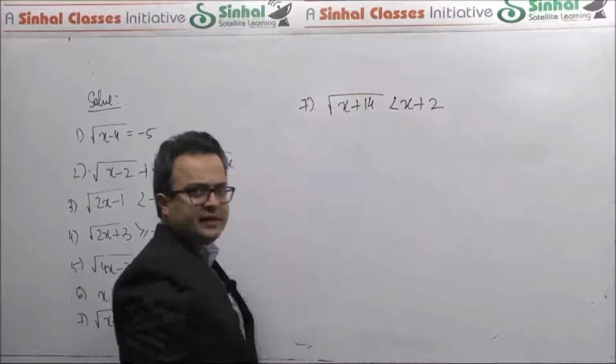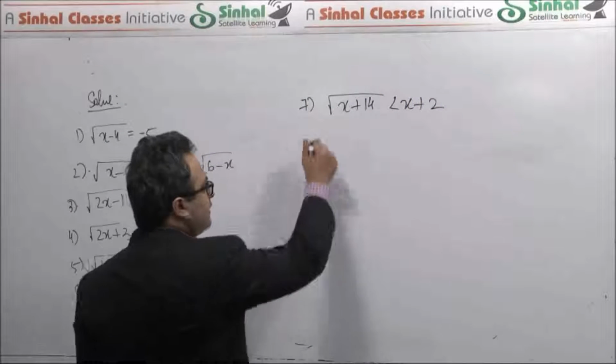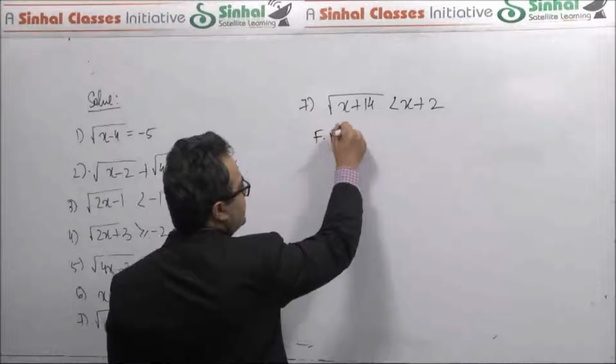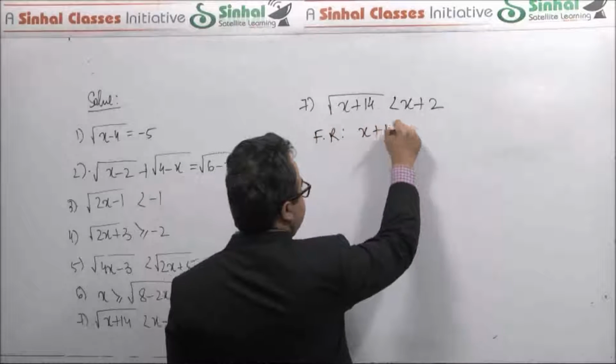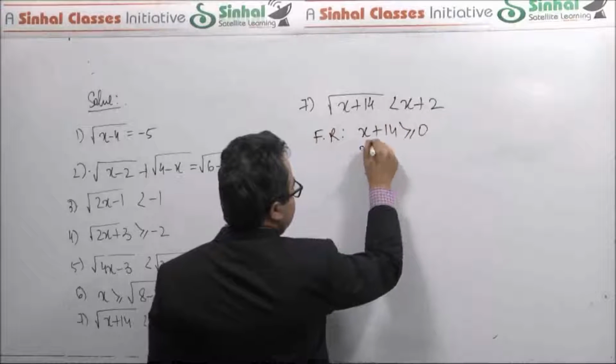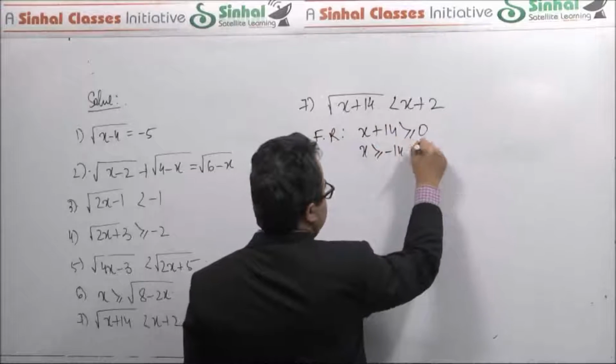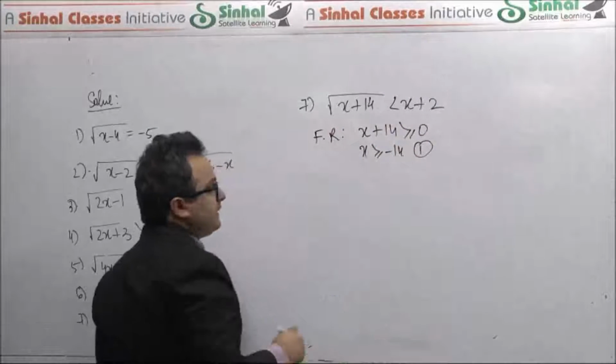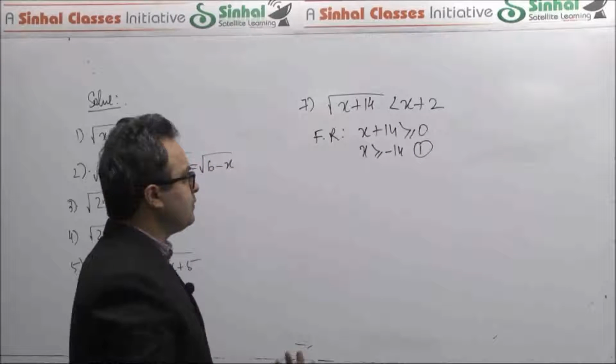The seventh question is kind of similar. So again, first thing we should talk about is the feasible region. Then again, for x plus 2, we should take these two different cases.